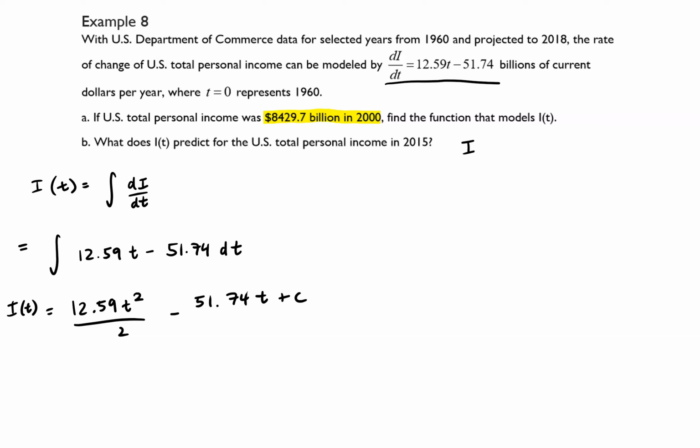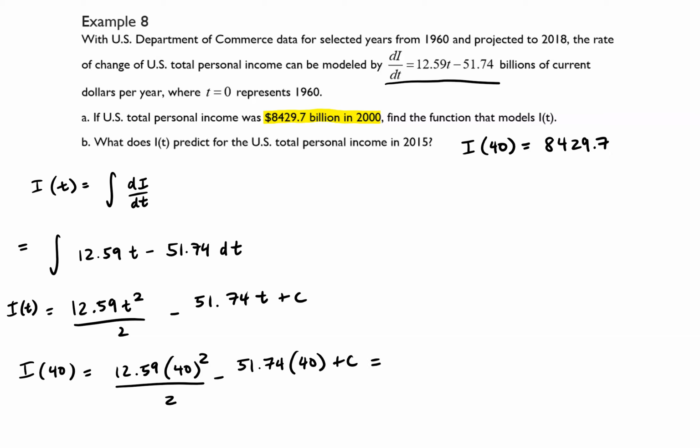So I of 40 is equal to 8,429.7. And that's going to help us figure out our constant of integration. So I of 40 is equal to 12.59 times 40 squared over 2 minus 51.74 times 40 plus c, and all of that is going to equal 8429.7.